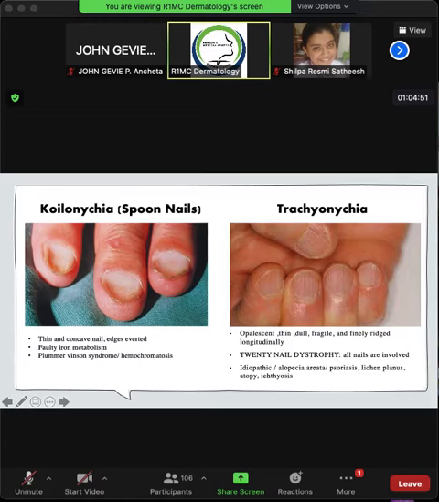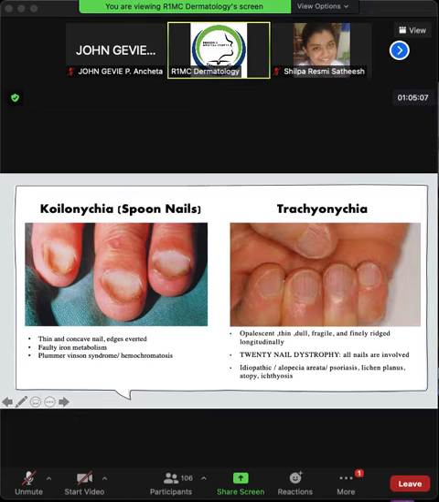So for your koilonychia, it may result from your faulty iron metabolism and is one of the signs of your Plummer-Vinson syndrome as well as your hemochromatosis.